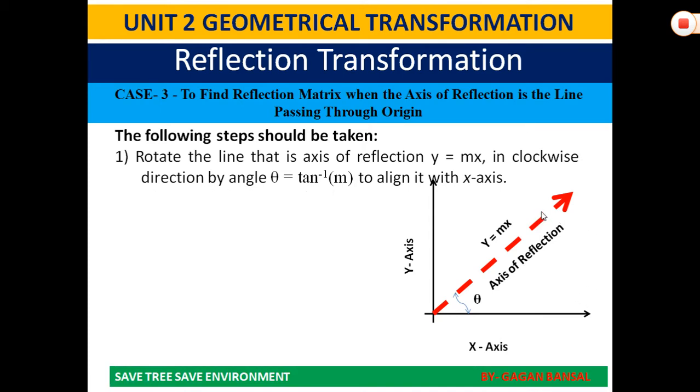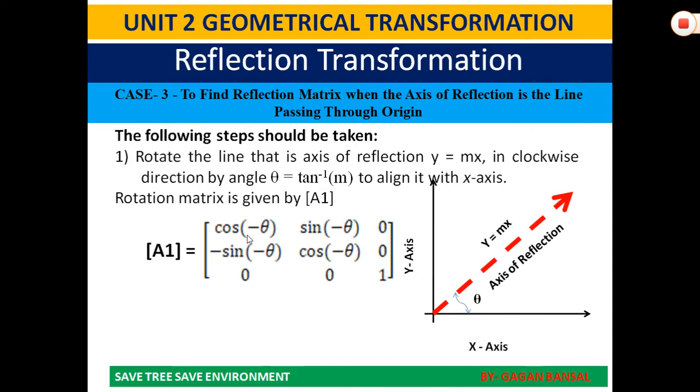Since we are rotating in clockwise direction, and we have assumed from the very first video that anti-clockwise is positive, we will take theta in every case in our matrix as minus theta. So the rotation matrix is given by, say, A1.